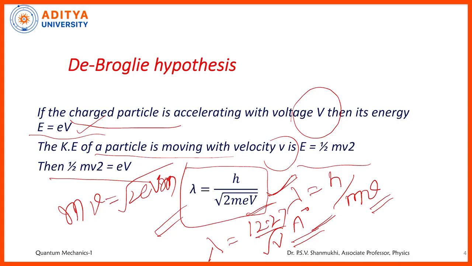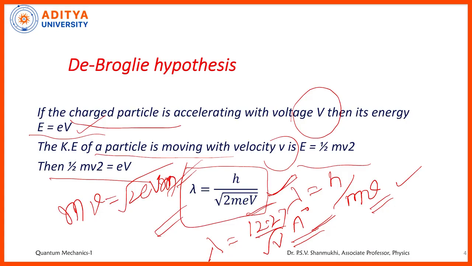So you can use different formulae for the de Broglie wavelength. If it is moving with velocity small v, you can use lambda equals h by mv. If it is accelerated with any voltage capital V, you can use lambda equals h by root over 2meV, which is suitable for any charged particle.